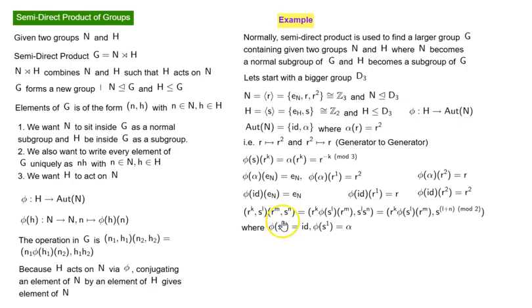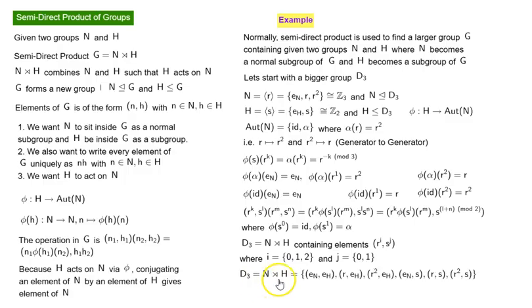Now here, phi of S to the power of 0 is equal to ID and phi of S to the power of 1 is equal to alpha. So if we carry out these operations with the element that we have arrived at, we would end up with D3 equal to N times H containing elements R to the power of i, comma, S to the power of j, where i is equal to 0, 1, 2 and j is equal to 0, 1.